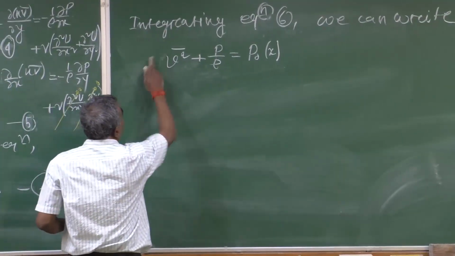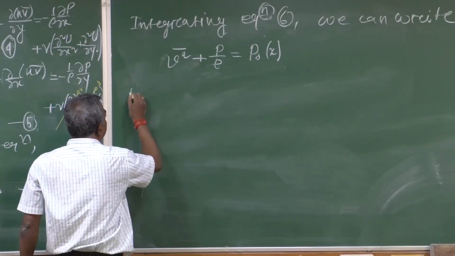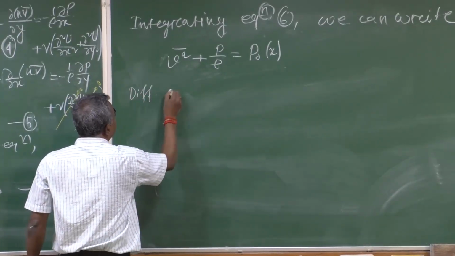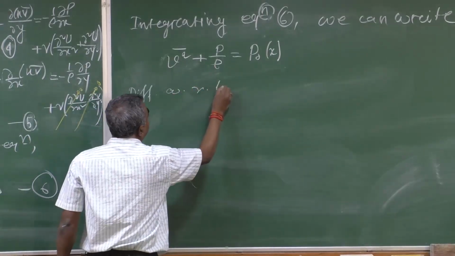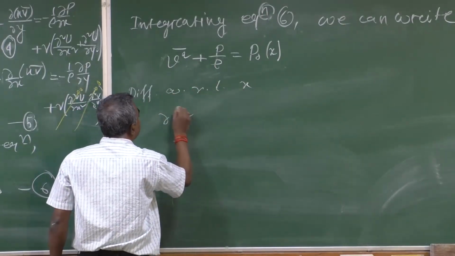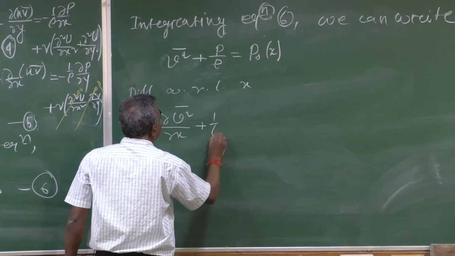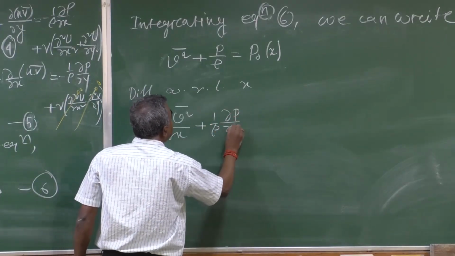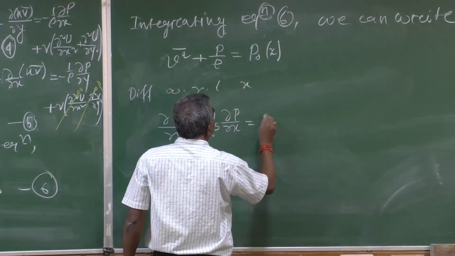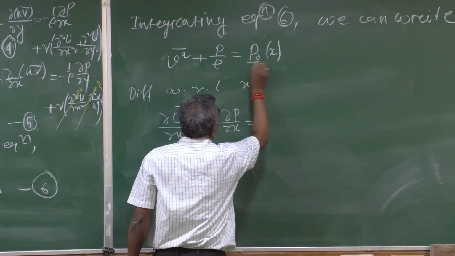Now, if you differentiate these with respect to x, you can write that this plus 1 by rho ∂p/∂x, sorry, 1 by rho is missed here, there should be a rho here.